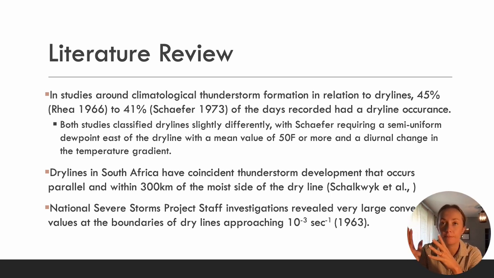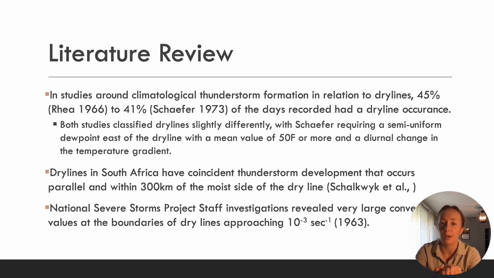This is the metric that I will use in this study when I look at the METAR data, but just know that there are more complicated and more in-depth ways to identify a dry line.